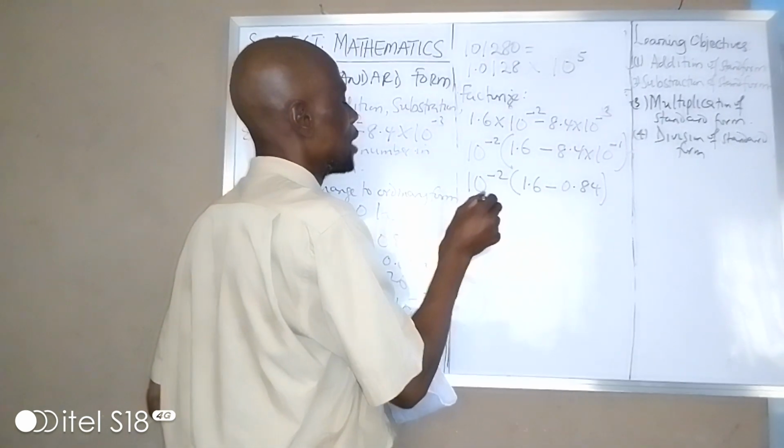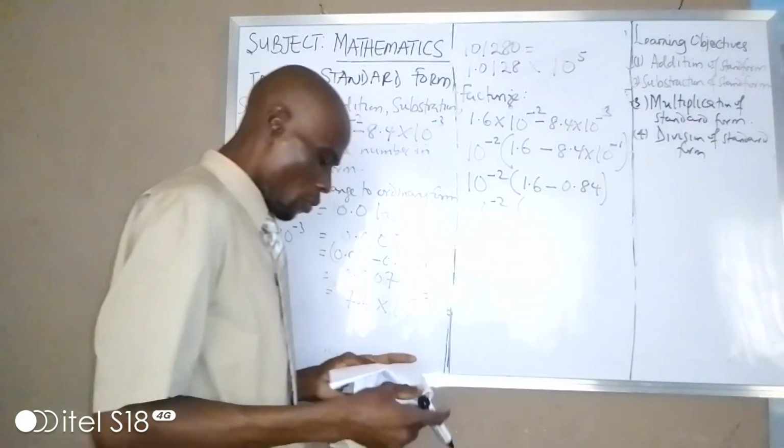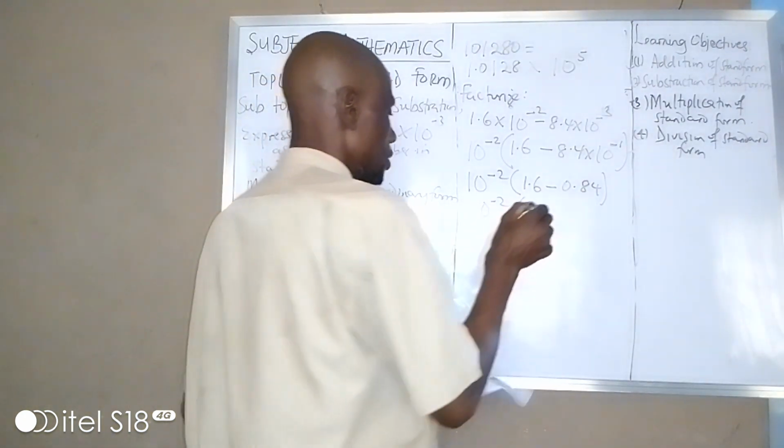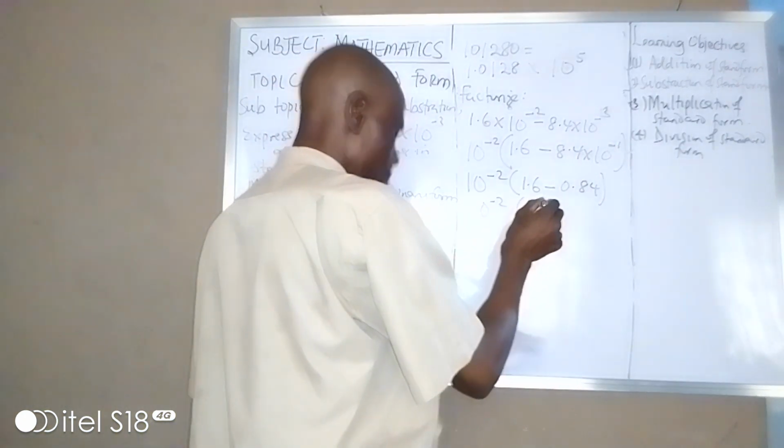Now we can subtract: 1.6 minus 0.84 gives us 0.76.